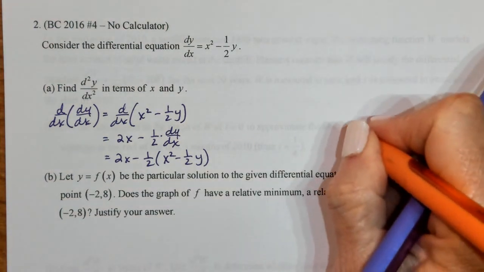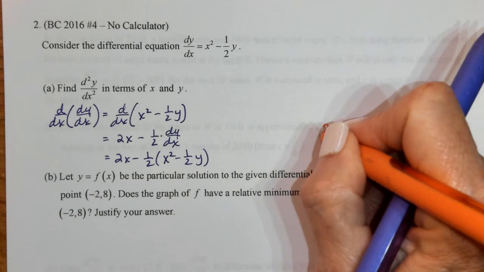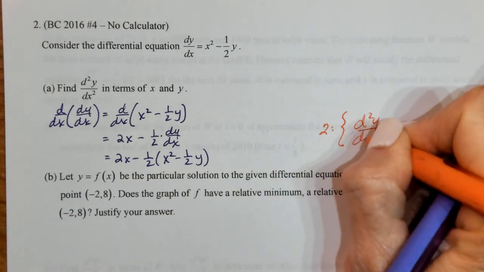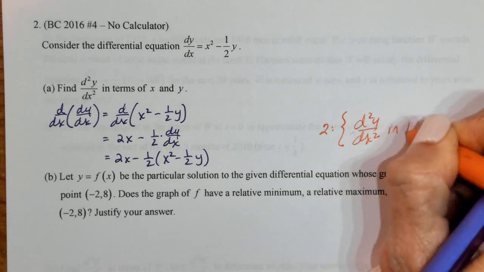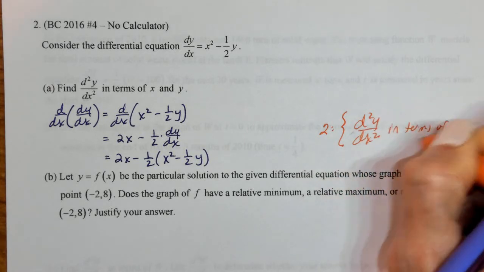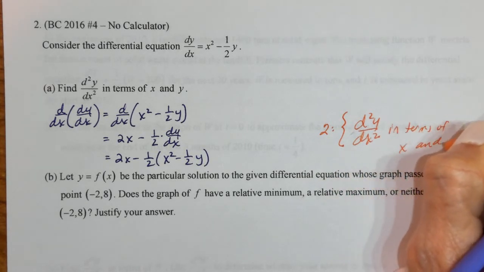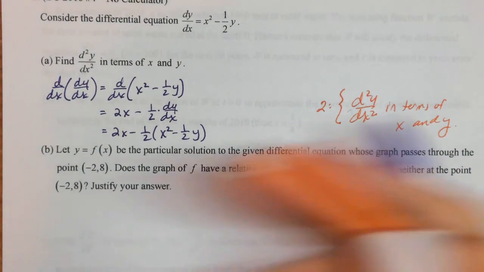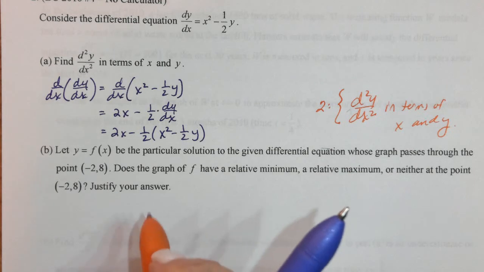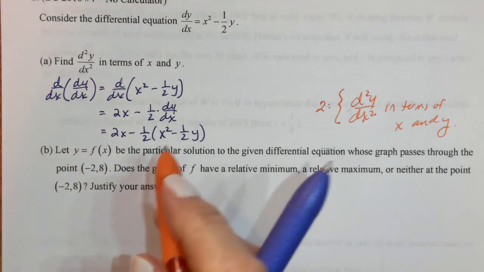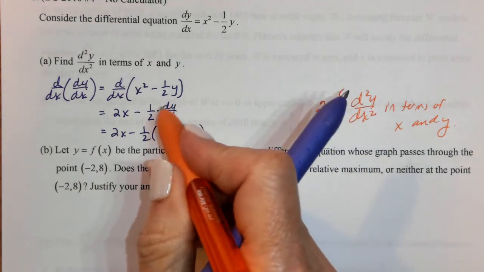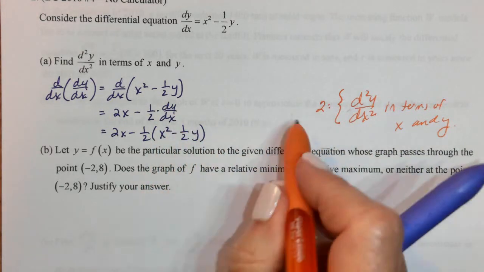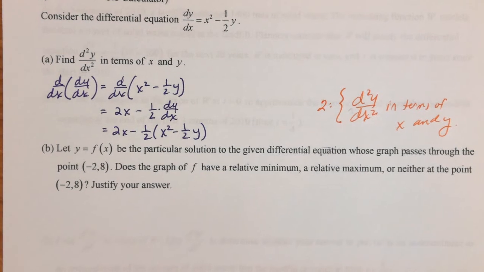They scored that just as 2 points for the second derivative in terms of x and y. I don't know if they split that up into 1 and 1, maybe, but I'm pretty confident in saying if you did not write this dy dx here, you would not have gotten either point of those.